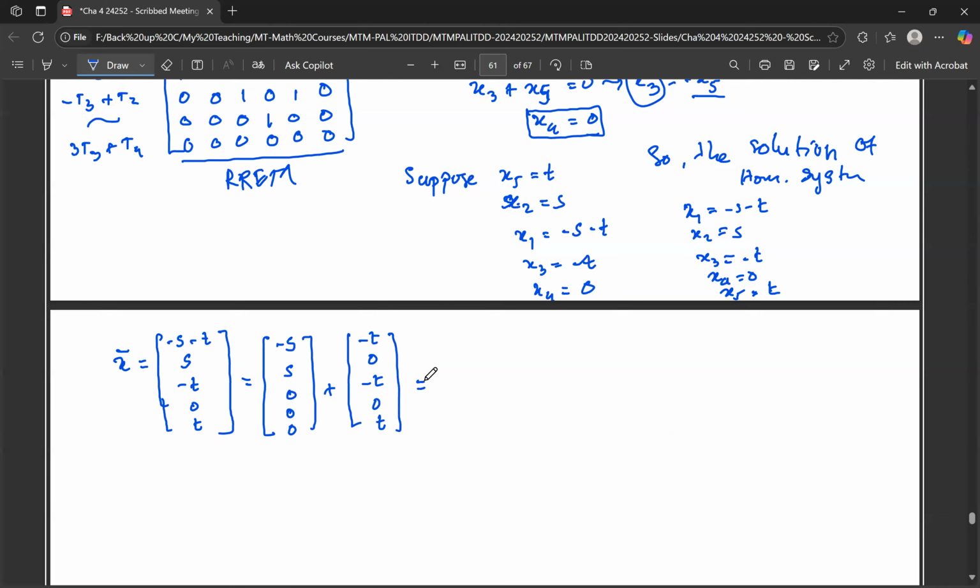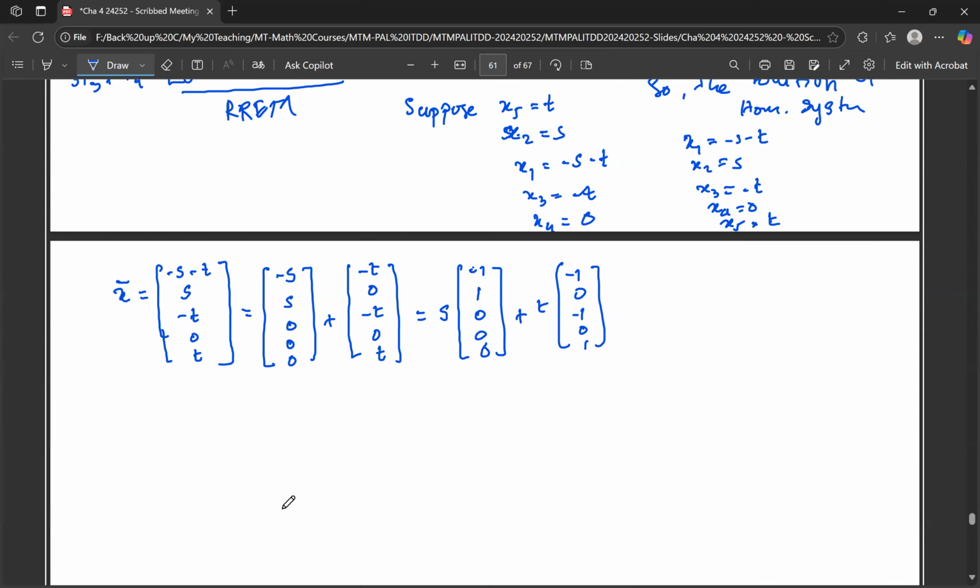After that, s can be pulled out from the first part, which will be minus 1, 1, 0, 0, 0, and t will be minus 1, 0, minus 1, 0, 1.